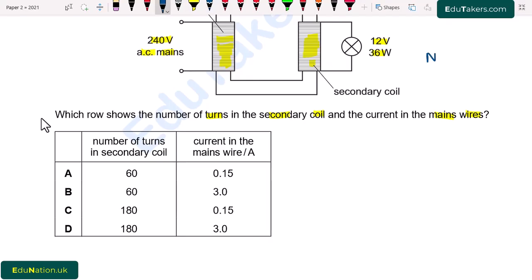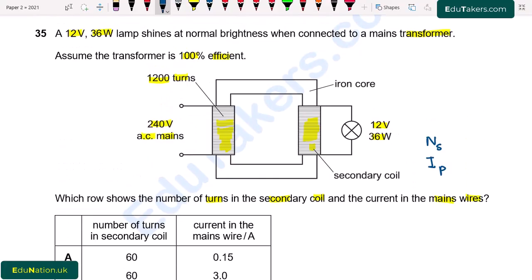So here basically we have to find out the number of turns of the secondary coil and the current in the main wires. It means the current of the primary coil. So going back, here data is given. First of all, I find out the number of turns. Here I use the formula Ns over Np is equal to Vs over Vp.